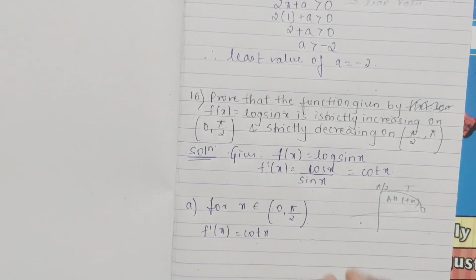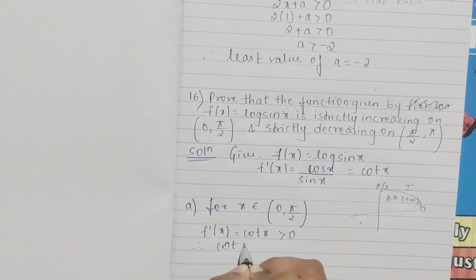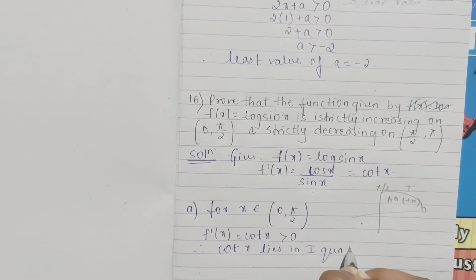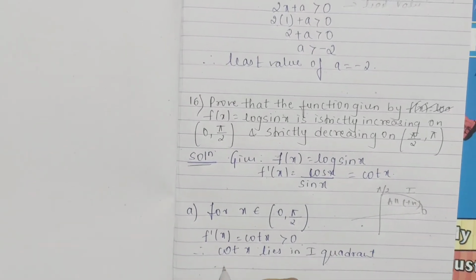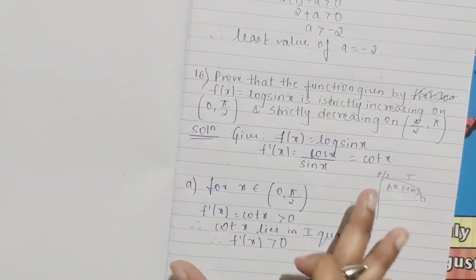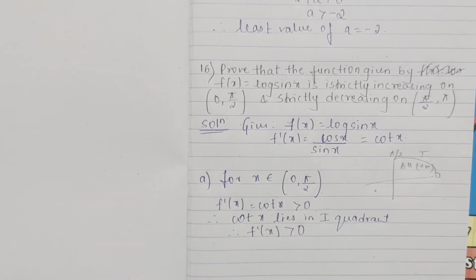So cot x is obviously positive, therefore f dash of x is positive, which means it is strictly increasing on 0 to pi by 2.